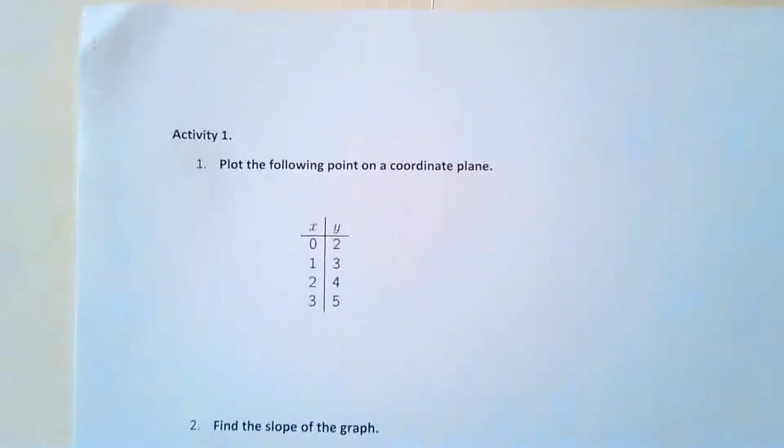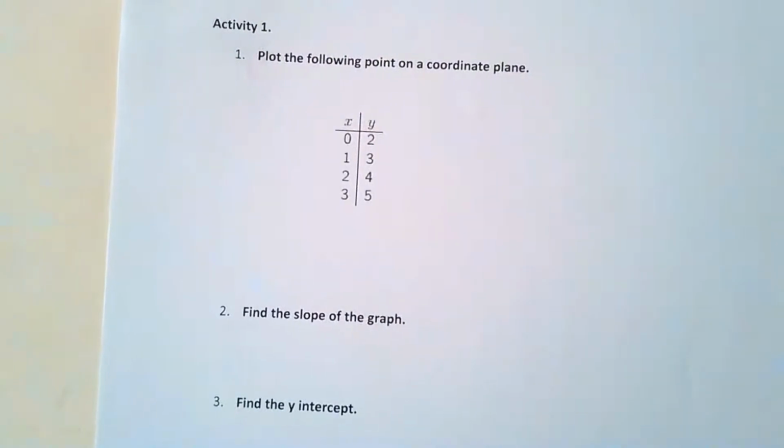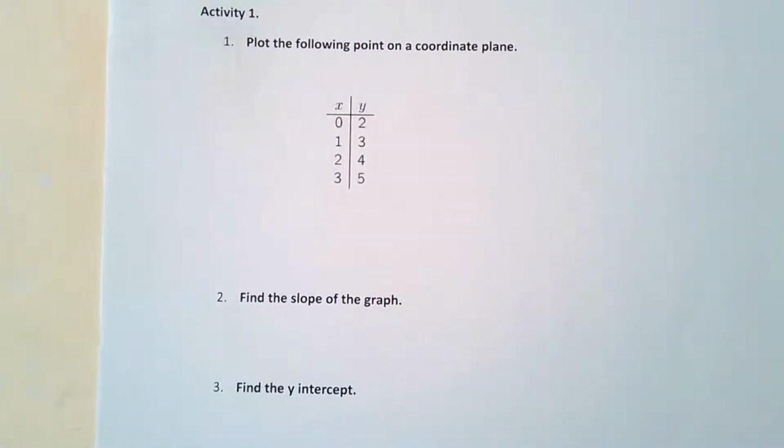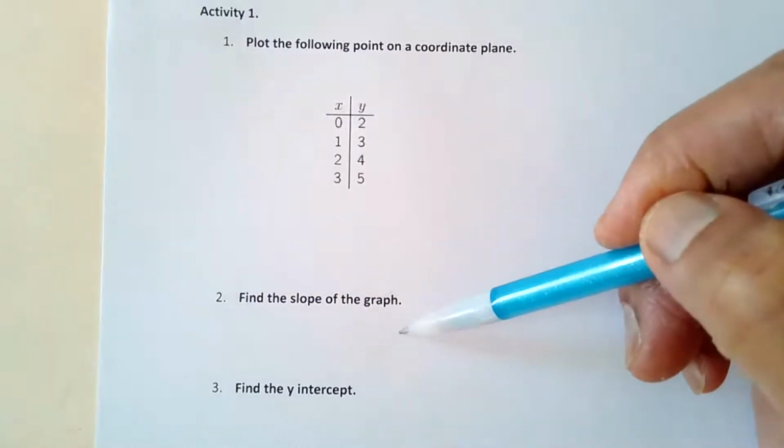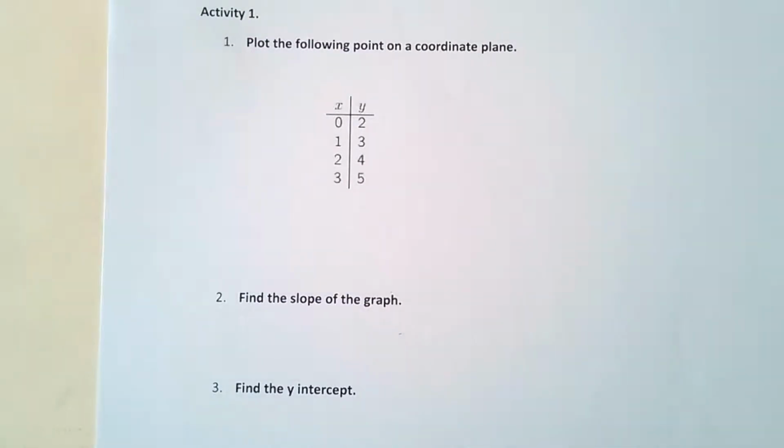Now, what happens if you have a set of data and you want to find an equation? So let's look at this set of data here. Plot the following points in a coordinate plane, find the slope and find the graph. So I'm going to have a coordinate plane here.